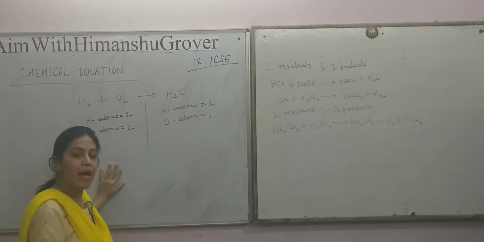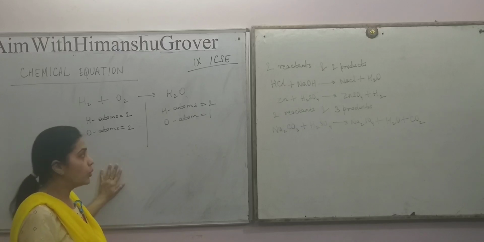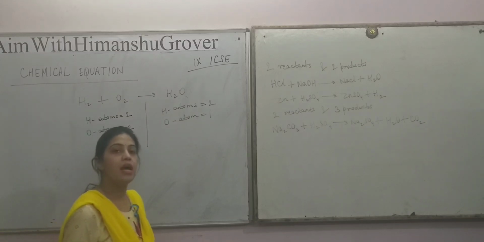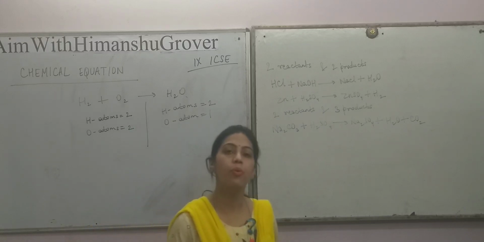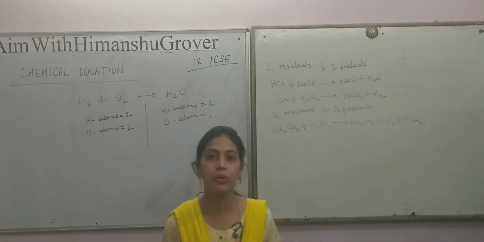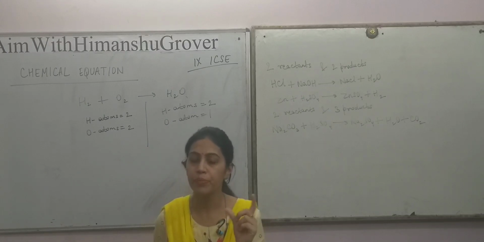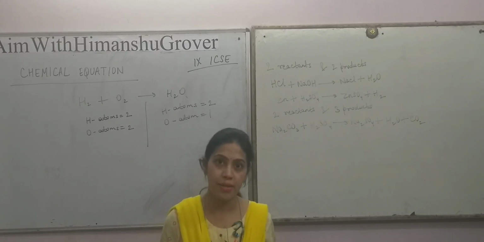But how can we balance this equation? तो इसे बैलेंस करने के लिए we have to equalize the number of atoms of each element on both the sides, that is reactants and products. The number of atoms of each element must be the same on both the sides of the chemical equation to make the equation balanced.